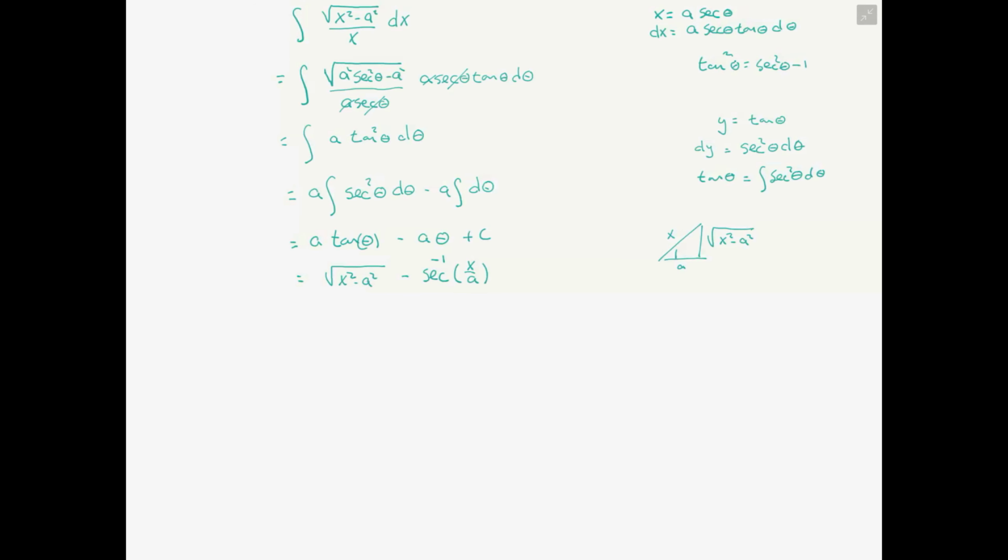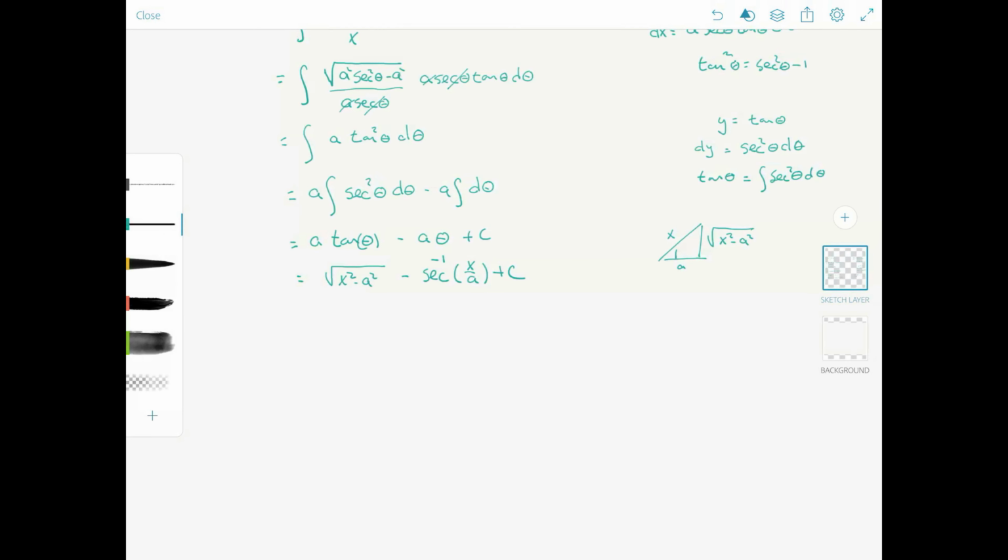We have the inverse secant of x over a. And I've got to remember here at this point that the constant a is missing from the second term. I forgot to put the a there. That was an oversight. And the first term, the a's cancel out. But in the second term, the a should be present in front of the arc secant. So that is a problem, but it's a minor one. But these are the little details that you need to watch out for.